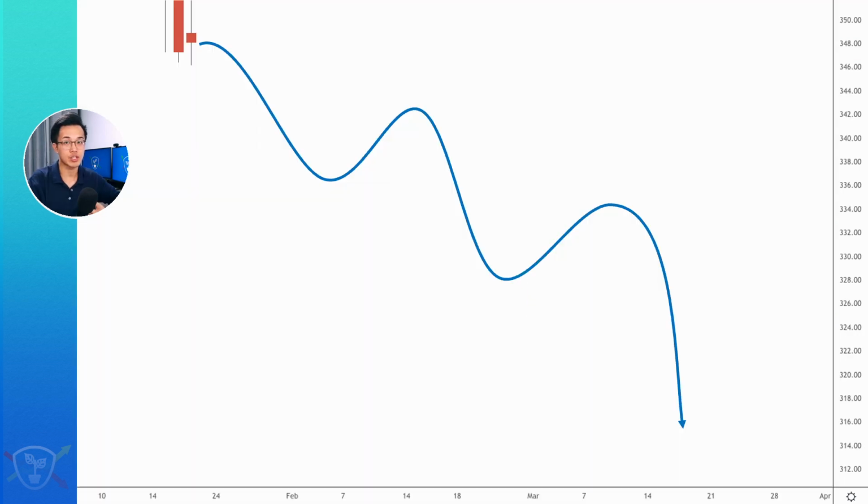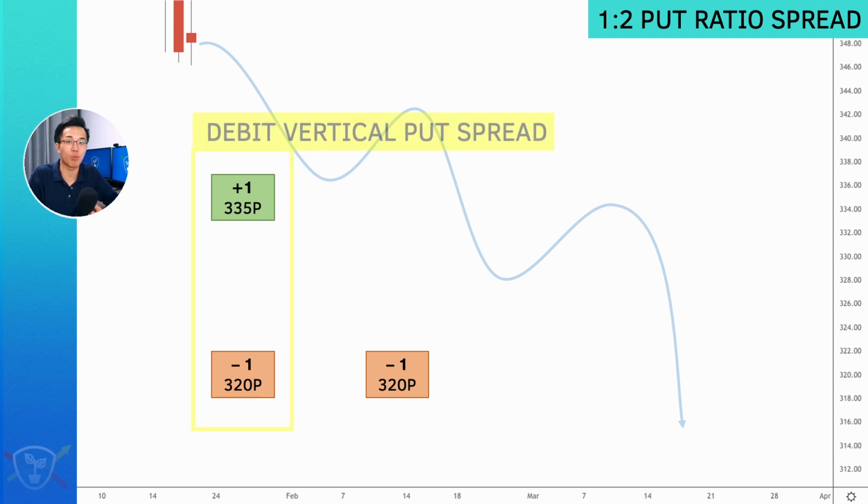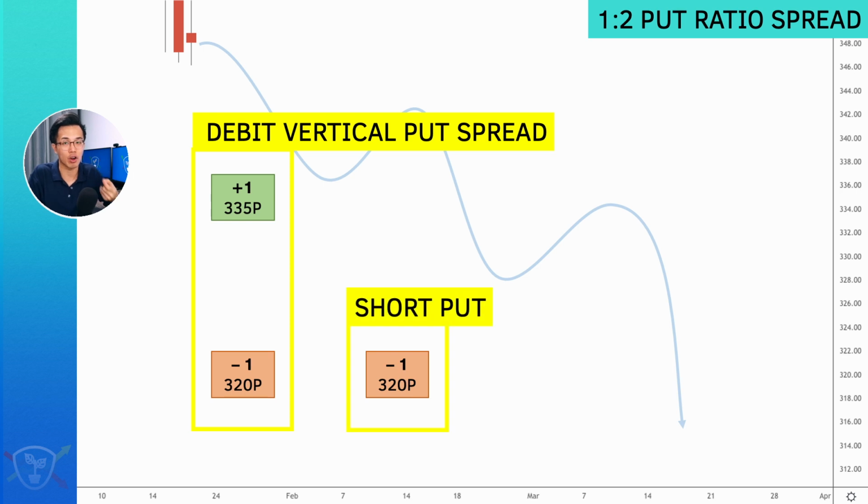What happens if the share price falls below $320 by expiration date? Remember, this is a 1-to-2 ratio put spread, which means I bought one put option that is closer to the current market price, and I sold two put options that are further away from the current market price. Now, if we break this strategy into two parts, we will see that actually it's made up of one debit put vertical spread and one short put option.